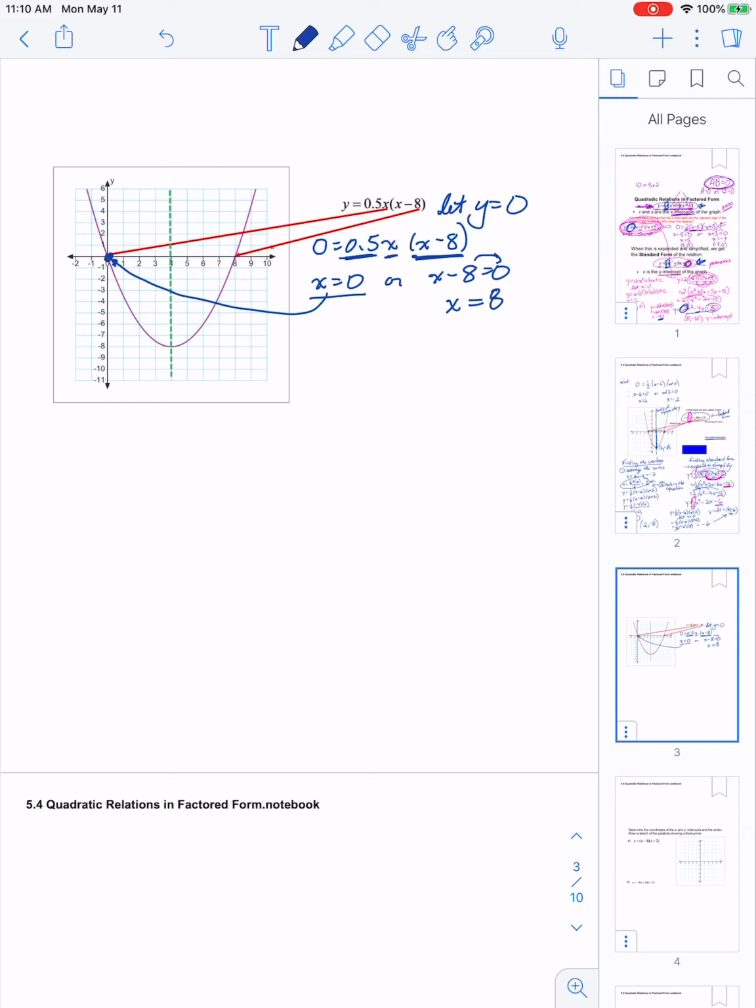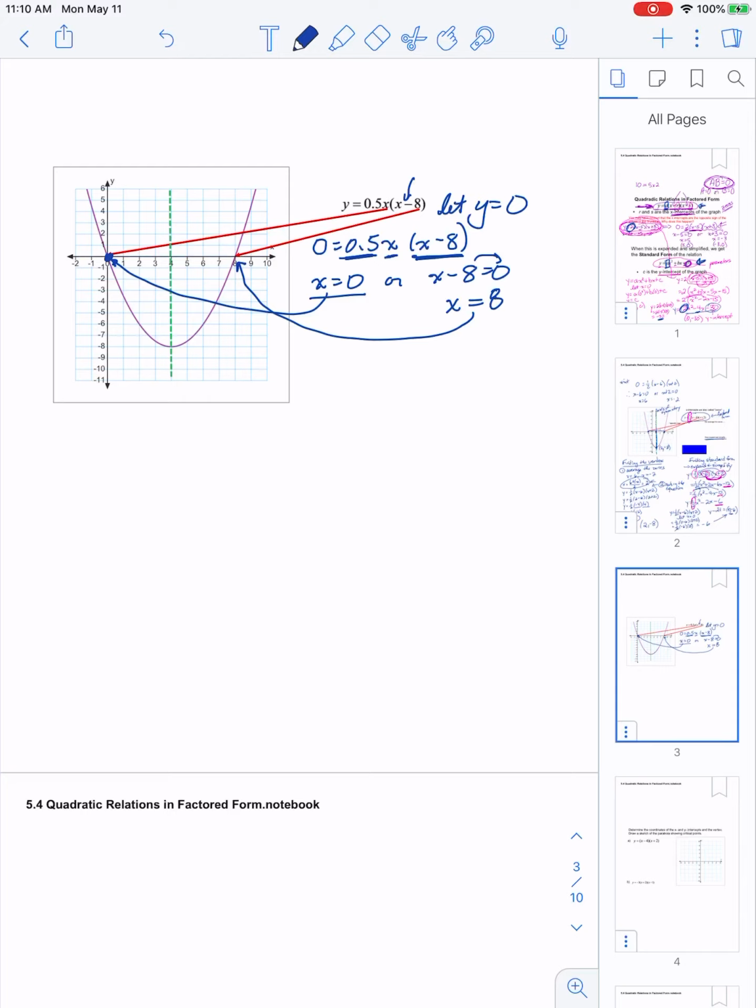When you just have an x and nothing is being added or subtracted to it, that means that one of your zeros or one of your x-intercepts is equal to 0. And then there's your x equals 8. Opposite sign, it said x minus 8 in the bracket. So x equals 8 is the x-intercept.